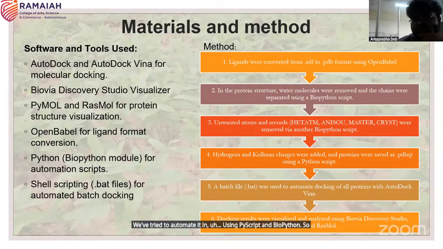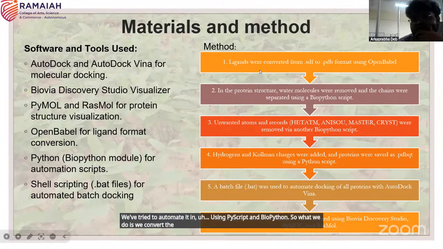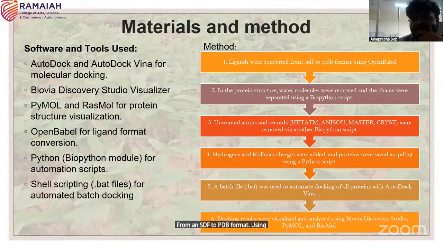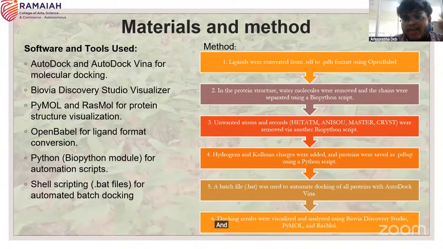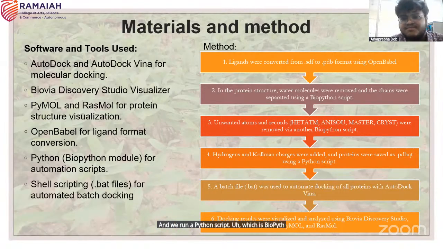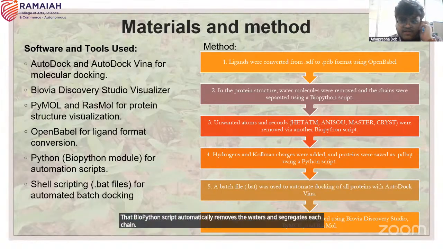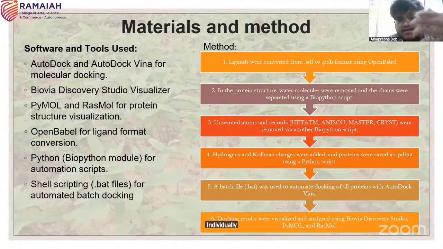We convert the ligands from SDF to PDB using OpenBabel, store all the proteins in one directory, and run a BioPython script that automatically removes the waters, segregates each chain individually, and saves them in another directory.